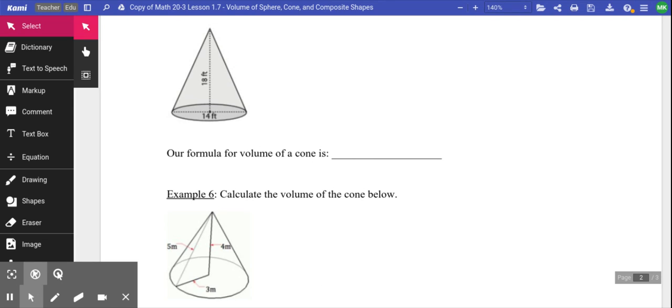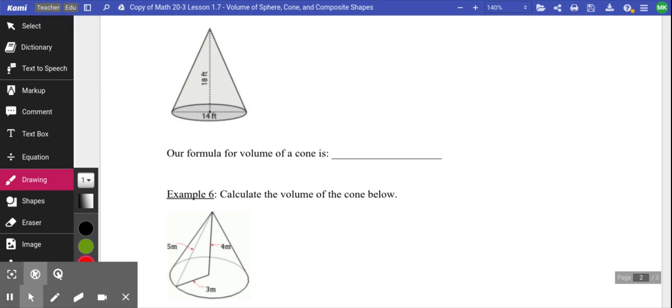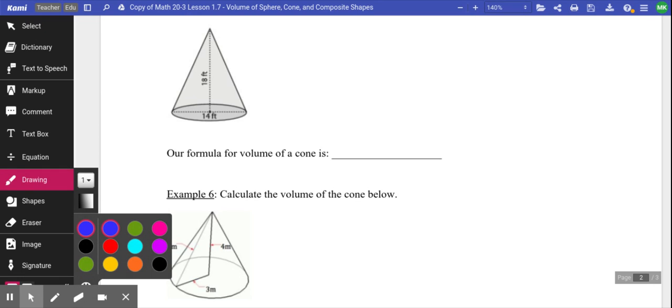Cones kind of present us with the same problem where it's hard to visualize. But what you're going to do is calculate the area of the bottom, which is what we were doing before, and then multiply upwards to fill this entire thing. But then you have to divide because that's not a cylinder.